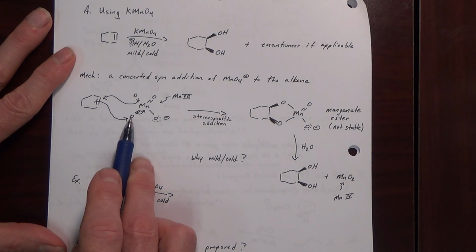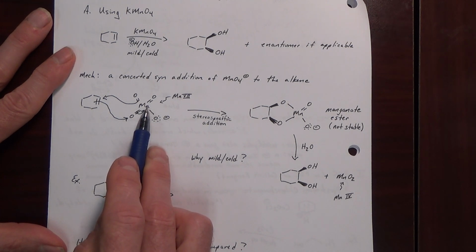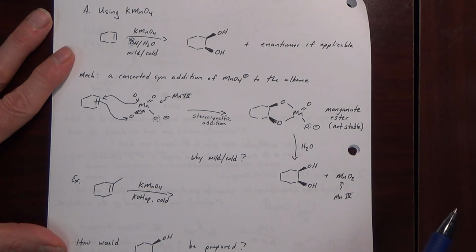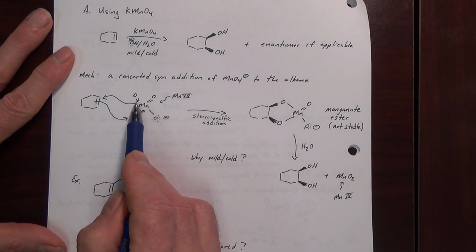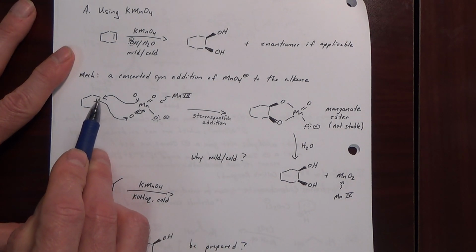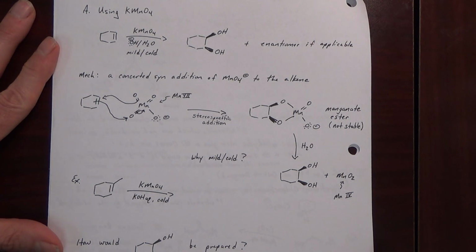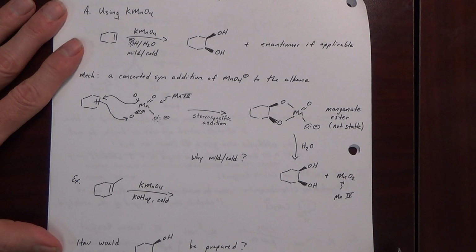Okay. These electrons move on to the manganese. And these electrons move away from the manganese and move out and make a bond here where those had just left. Okay.